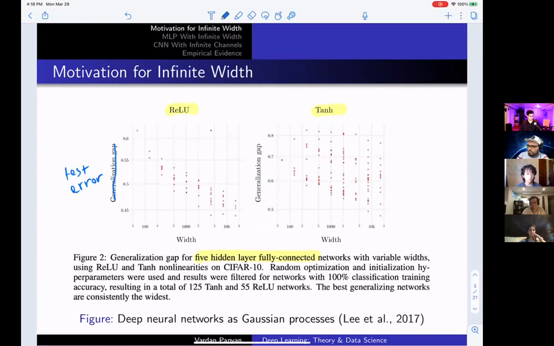So when you train a bunch of networks, you need to decide on some... it's not random.